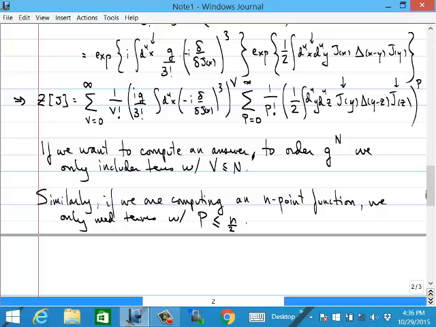Now, so far I've written what looks like a very complicated, non-intuitive expression for this generating function.